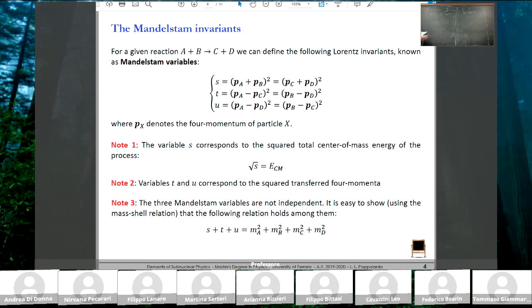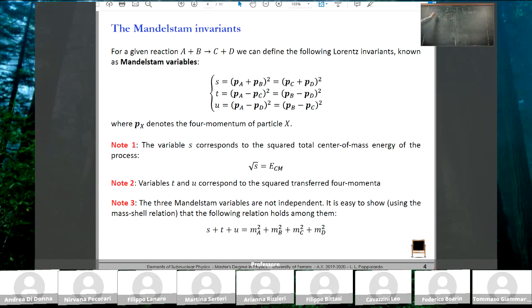In this case, the energy in the center of mass of particle B will be equal to the energy in the center of mass of particle C, and each of the two is just half of the energy available in the decay. And this is of course square root of s divided by 2. But in the initial state, square root of s is nothing less than the mass of particle A. Okay, this is what we have.